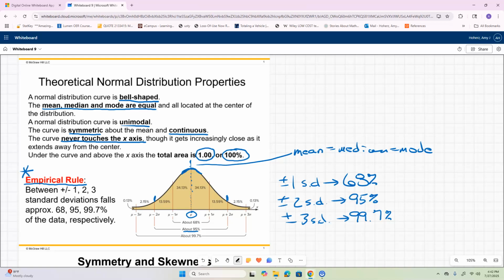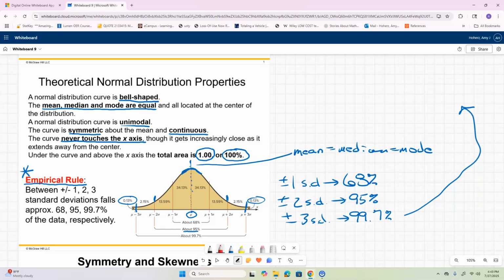So what does that mean? Well, that means that there is very little left over on these ends here. I'll put it in terms of a fraction. If we have 99.7% that's in between minus 3 standard deviations and plus 3 standard deviations, so that would be here and here. Let me mark that with a different color so it stands out.